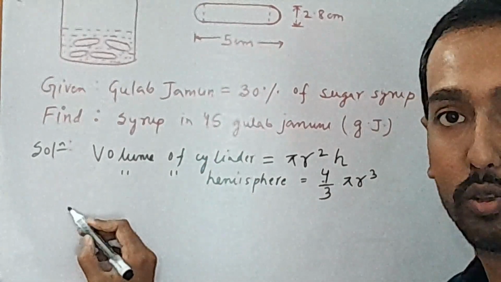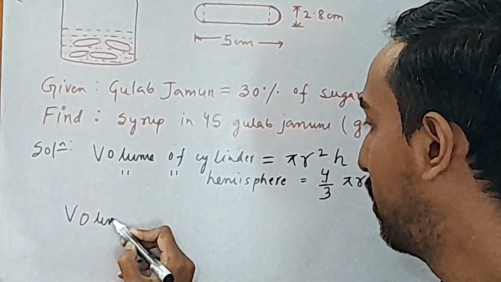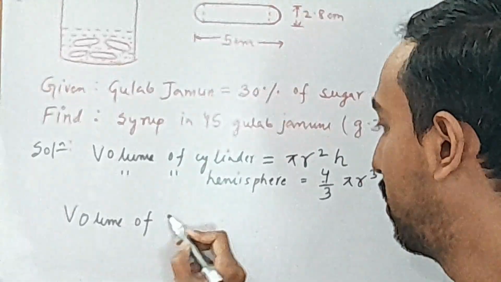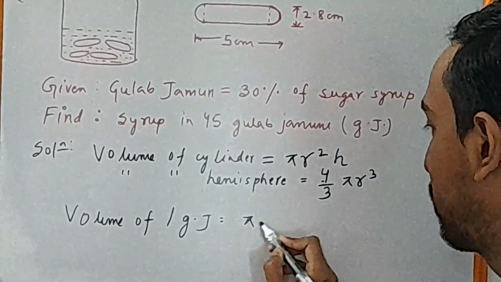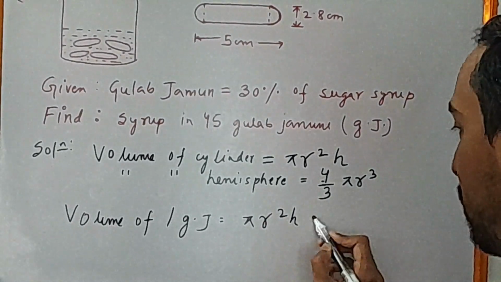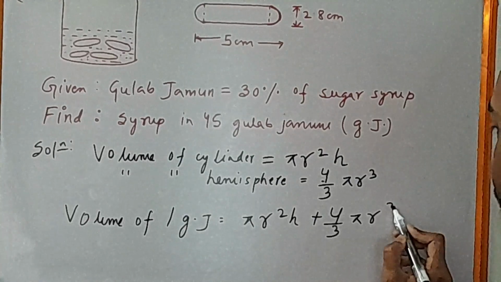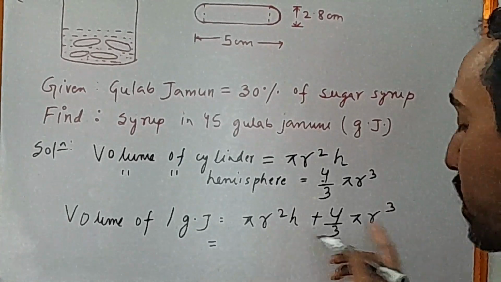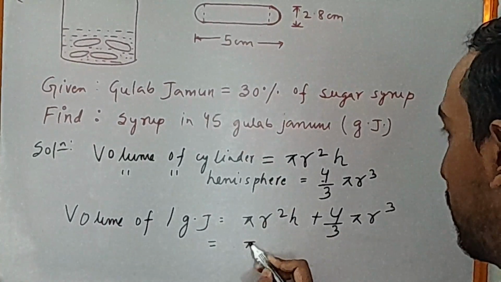So the volume of the total solid for the gulab jamun is given by pi r square h plus 4 by 3 pi r cube. Now let's take something common. We see that pi is common.